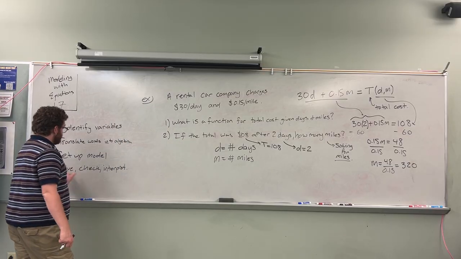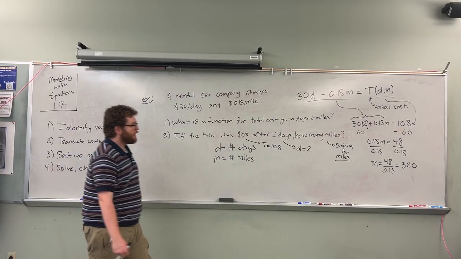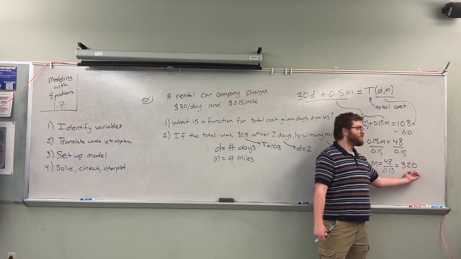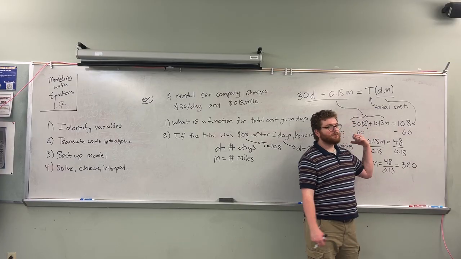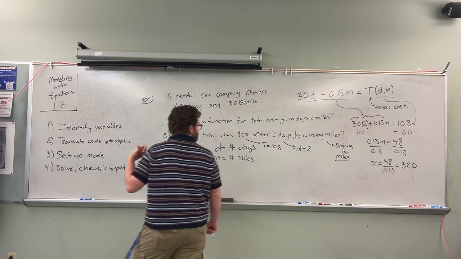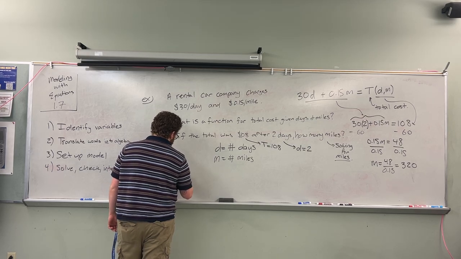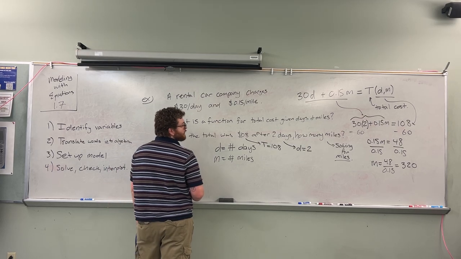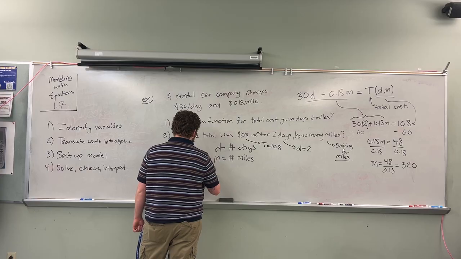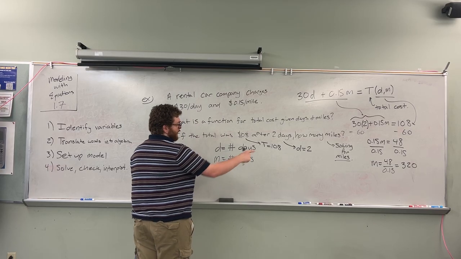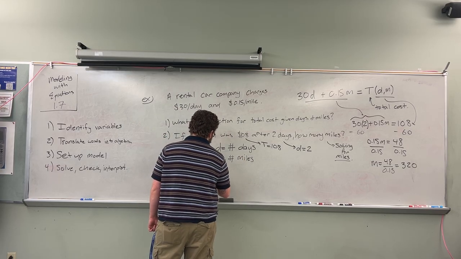Now I want to check. I should check that if I plug this in, I'll get my correct number. So 30 times 2 days plus 0.15 times my number of miles, which I said was 320.